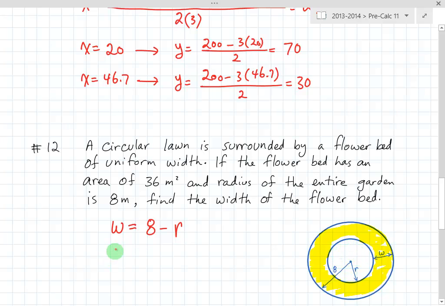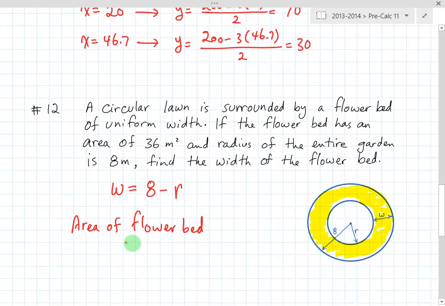We go, okay, so we go area of flower bed, which is 36 is equal to pi times h squared, which is the area of the larger circle, minus pi times r squared, which is the area of the smaller circle, right?